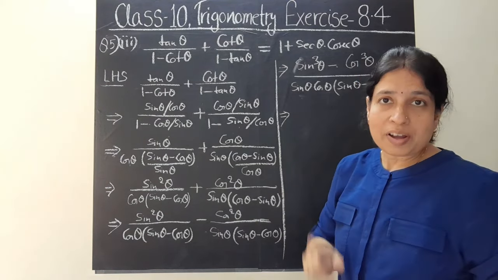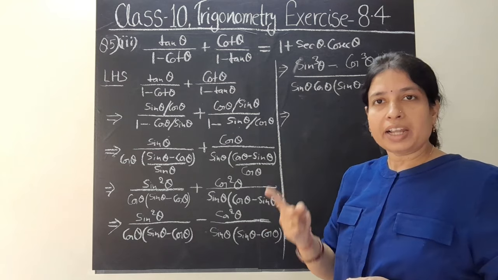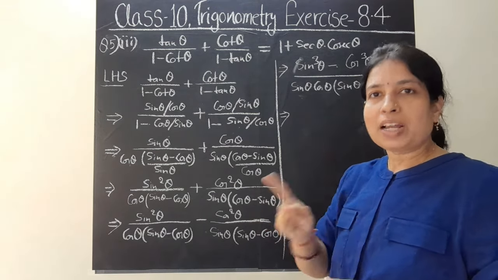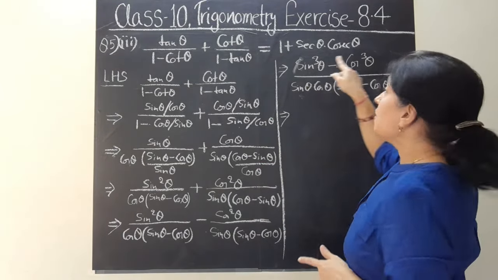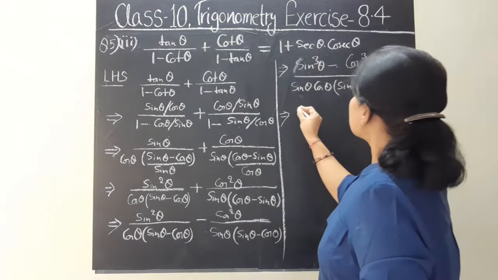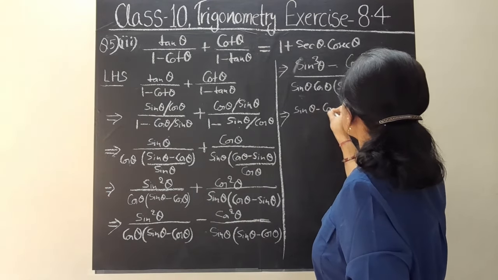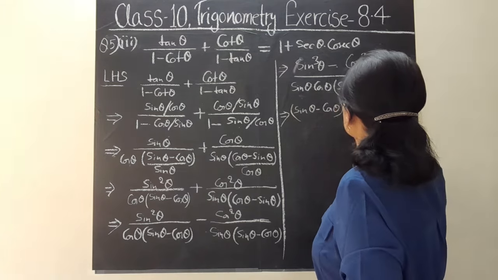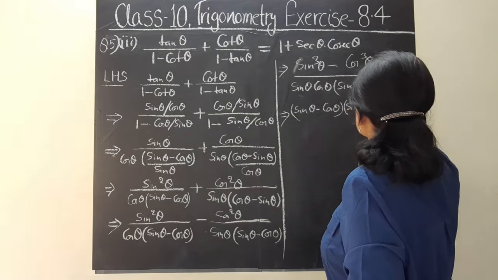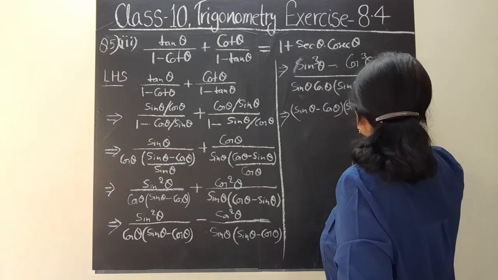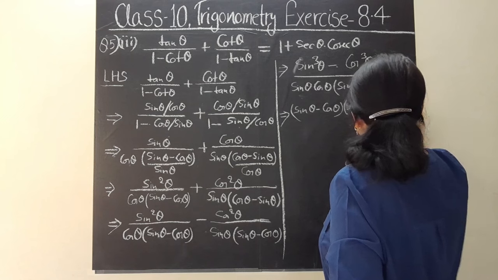So what is the formula for a cube minus b cube? Yes, a minus b into a square plus b square plus ab. So use that formula. Here it is given sin cube theta minus cos cube theta. So we can write sin theta minus cos theta in one bracket, and we can write sin square theta plus cos square theta plus sin theta into cos theta.